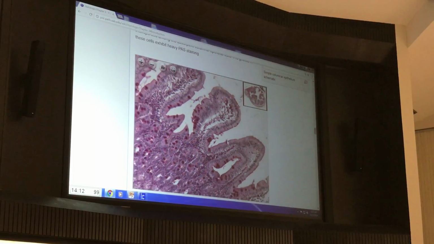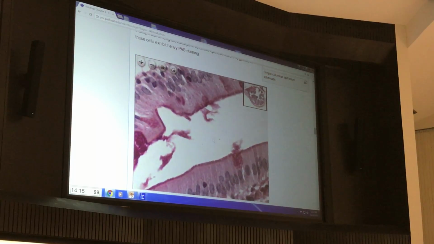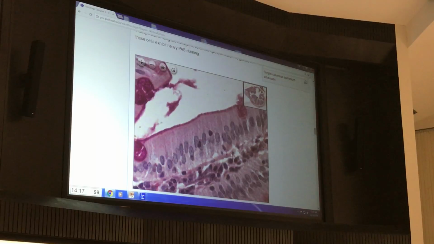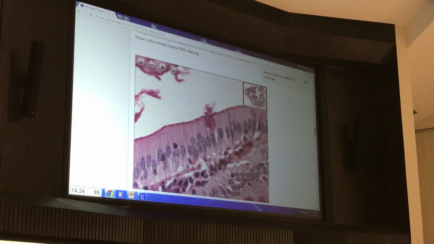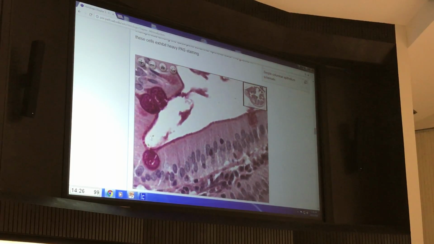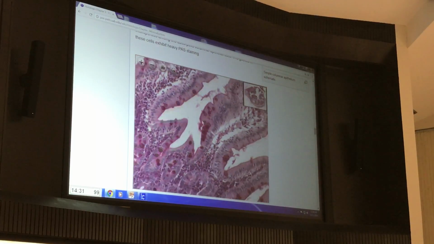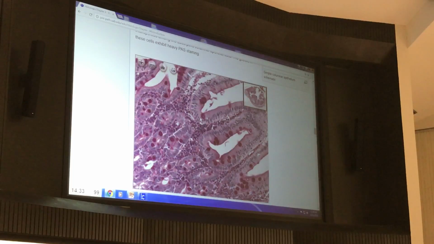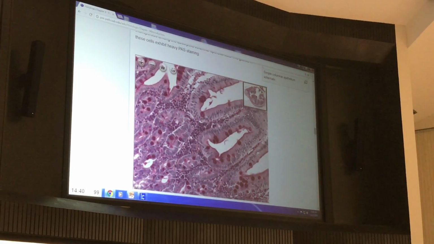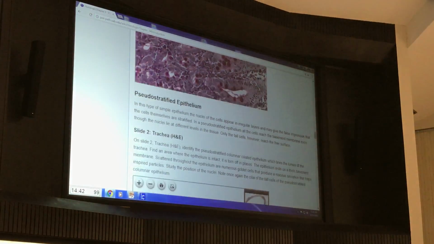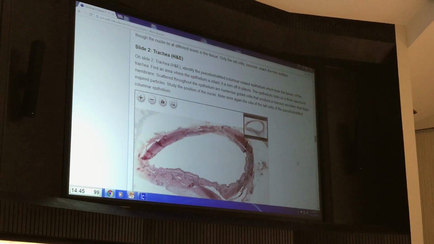So here's this basement membrane area, and here's the glycocalyx. These are just goblet cells secreting their mucus, keeping everything lubricated. And remember, simple just means one layer. It doesn't mean one cell type. There are multiple types. Okay, let's go and look at some pseudostratified.